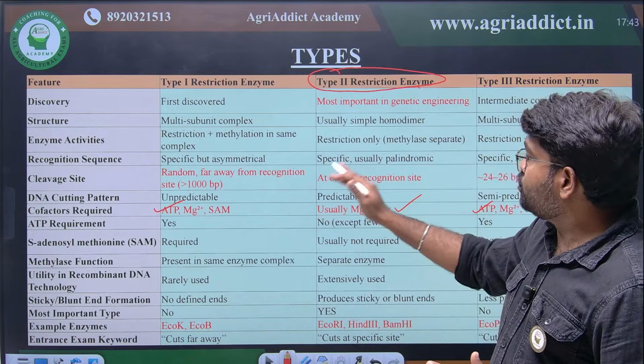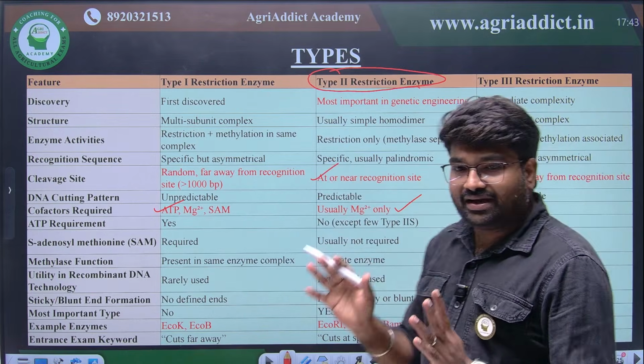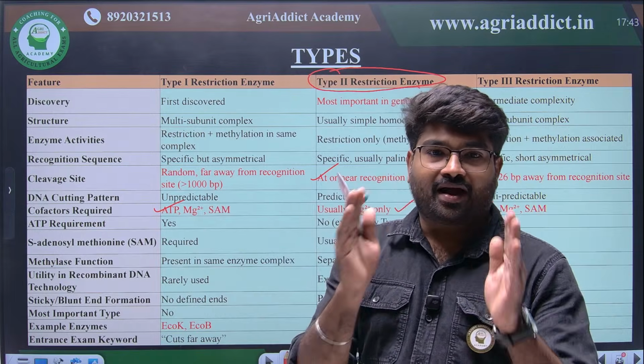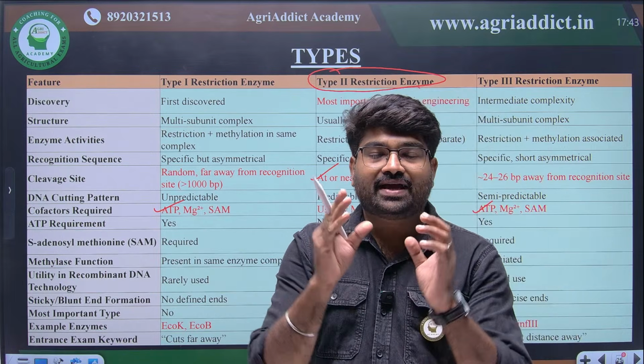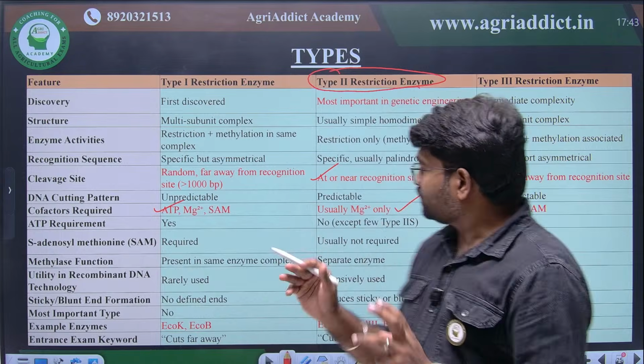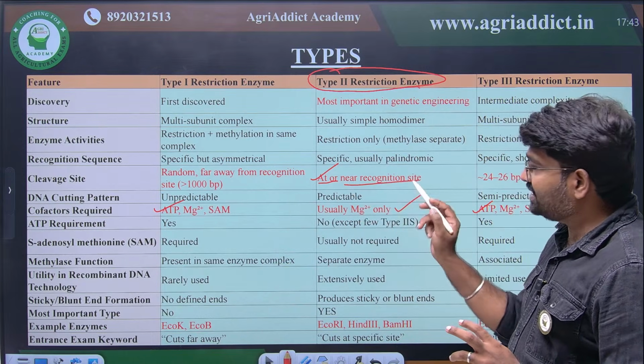But Type 3 and Type 1 require ATP and magnesium, and SAM, ATP and magnesium. Clear? And most important, the recognition site and restriction site are the same. It will recognize and restrict at the same site.